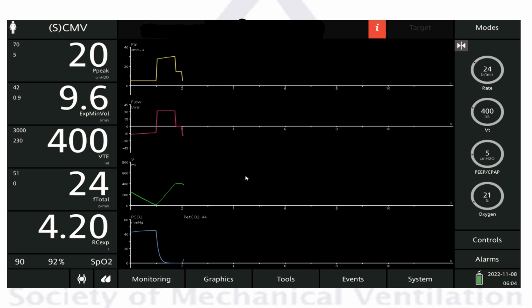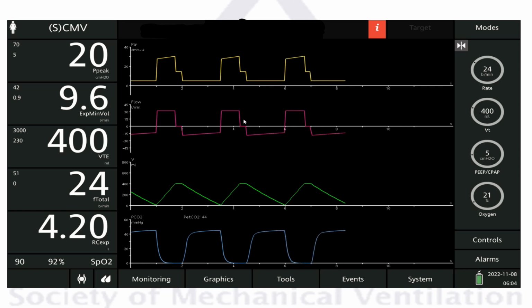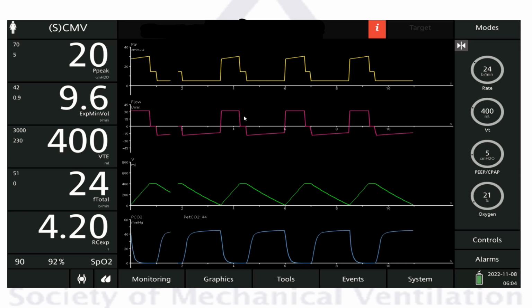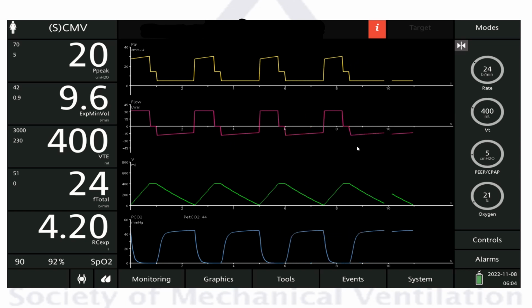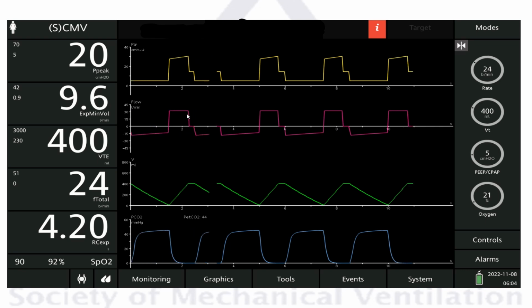How about the flow? If you look at mostly the expiratory flow, because the inspiratory flow will be influenced by many things, of course, the respiratory mechanics, the work of the patient, here by the inspiratory time, or if in other ventilators you set the inspiratory flow, so it doesn't give you much information.